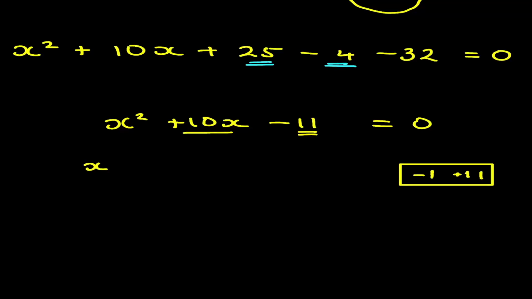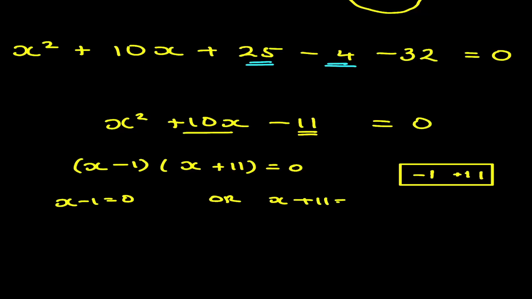So I know these two are my factors, and they're the correct way around. So then we could just write out our brackets. So you've got x minus 1 as the first factor, and x plus 11 as the second factor. And this equals 0. And then we could just say, according to the null factor law, if you've got two factors that multiply to give you 0, either the first one equals 0 or the second one equals 0.